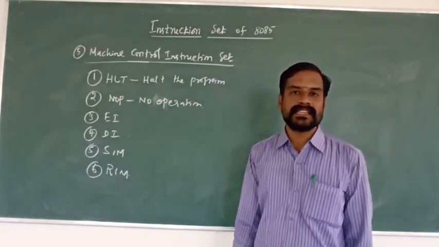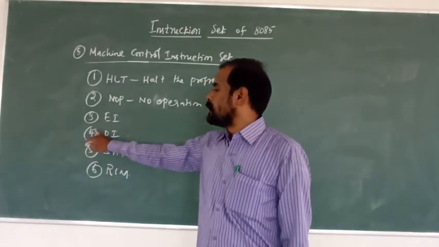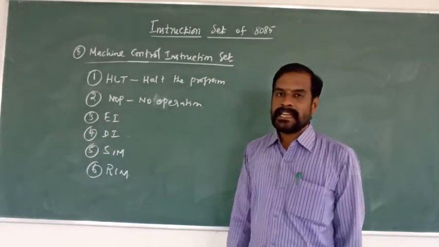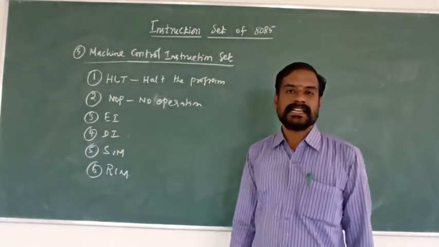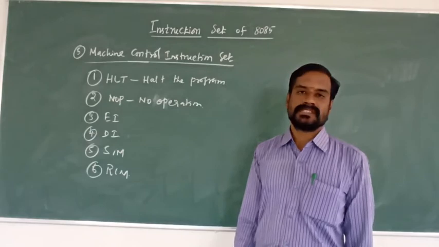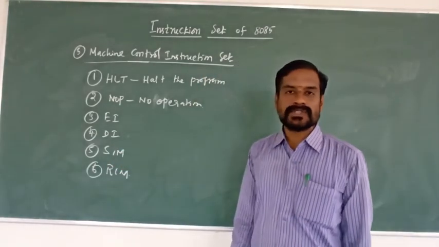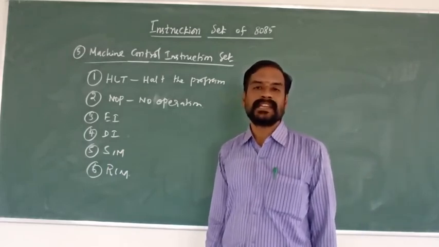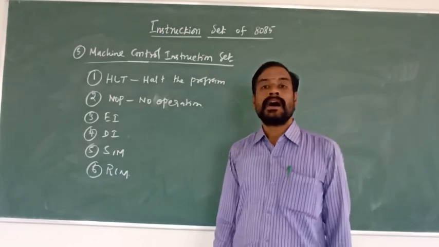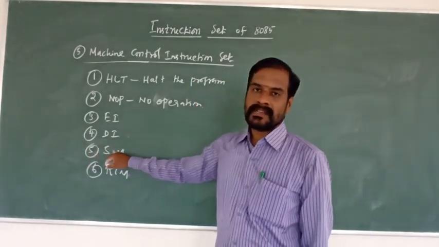Now to disable the particular interrupt, for that we can use the DI instruction. And the fifth one, SIM. SIM means set interrupt mask. This is to set the particular bit, whether the interrupt is masked or unmasked. For that we can use the fifth instruction.